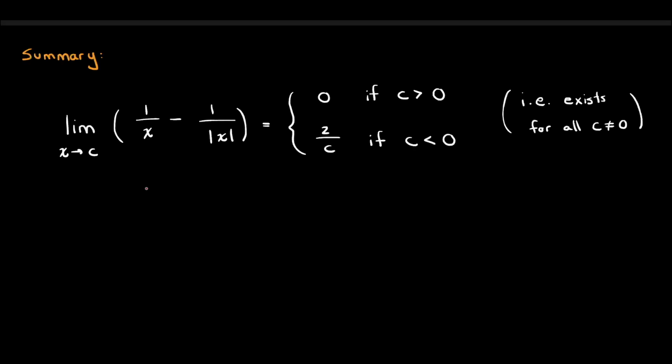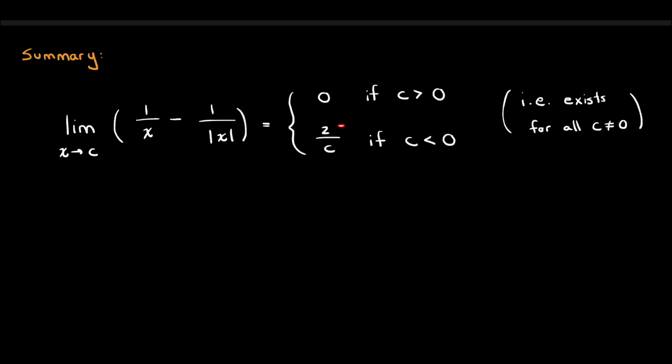Finally, let's just summarize our findings about this problem. What we see is that the limit as x approaches c of this function is equal to 0 if the limit point is positive, right? We saw that if this happens to be any positive number, this just simplifies to 0, and so the limit in that case exists and is just equal to 0. If c happens to be a negative number, like -100, -pi, well, then the limit also exists in that case.